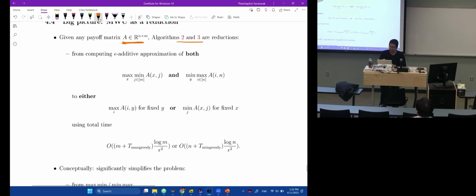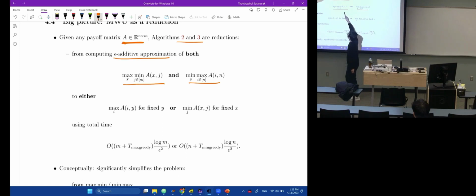If you just want some additive approximation of this max-min problem or min-max problem, at the end you just need to be greedy on each round. You just need to solve the maximization or the minimization of this thing on each round. And the total time is either this one or this one. Actually, let me recap this next time.